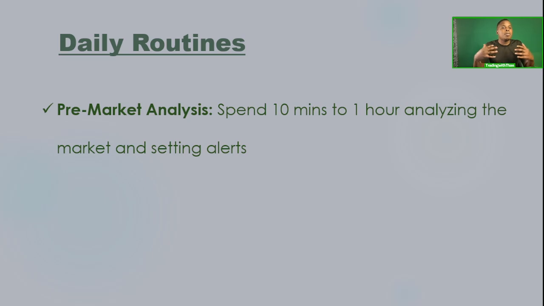If the market is outside of my zone already, I'm not going to be placing the trade. I'm not going to explain the strategy in full here, but I'm just going to see if I'm about to get any entries that day. If I see that the market might be moving back into the zone, I'm going to be setting alerts.